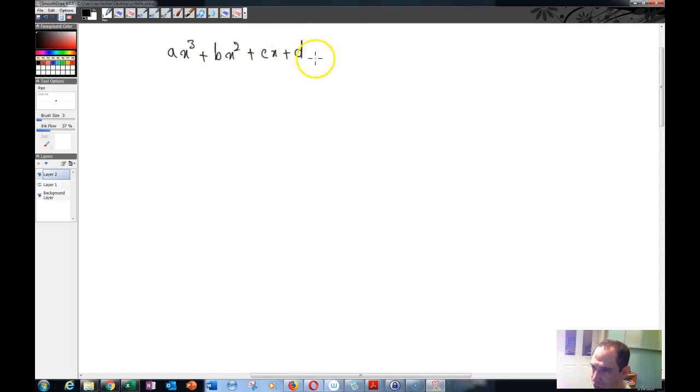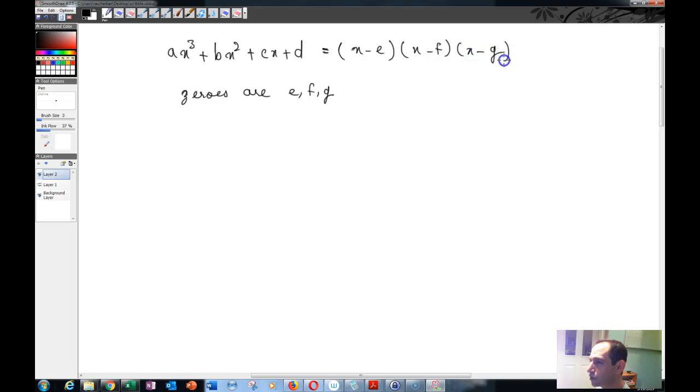and moreover, if you actually try to solve this, you could, for example, go for E, F, and G. Let's say that the zeros are, for example, E, F, and G. Let's say that you have 3 zeros here, and then your factors would be, for example, x minus E and x minus F, and, for example, x minus G. Okay, and if you actually multiply these together, the last term, or the constant term, is going to be equal to negative EFG.